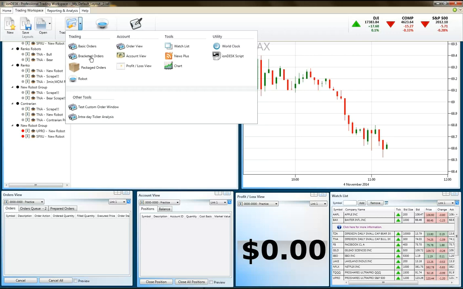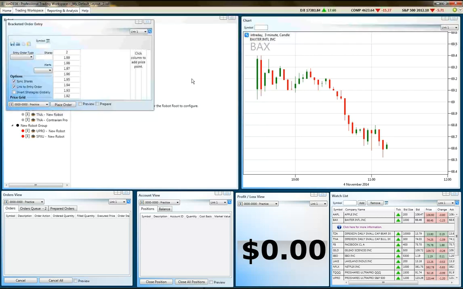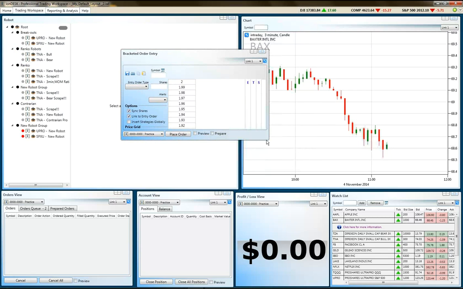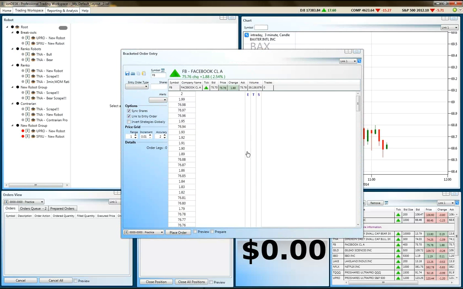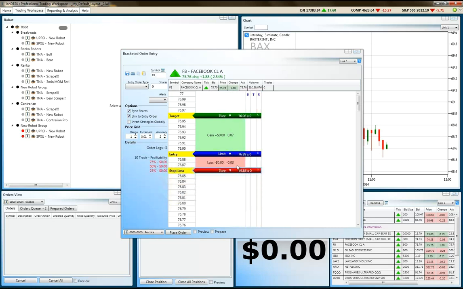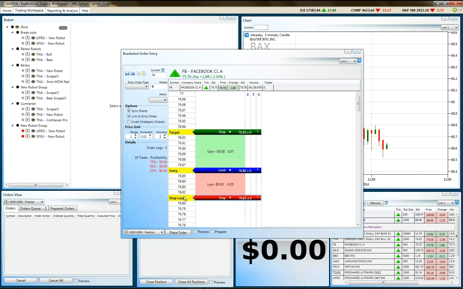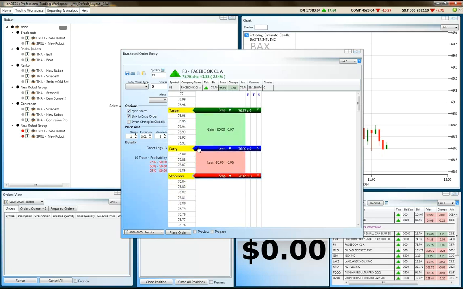Okay. And so, if I click bracketed orders, then I'm able to get a bracketed orders dialog box, enter a symbol like Facebook, and then I'm able to add 3 legs or any amount of legs that I want. Drag them around by grabbing them. I'm sorry? This is different. You've obviously upgraded. It's a newer version than the one that's on your videos. Yes. Okay.